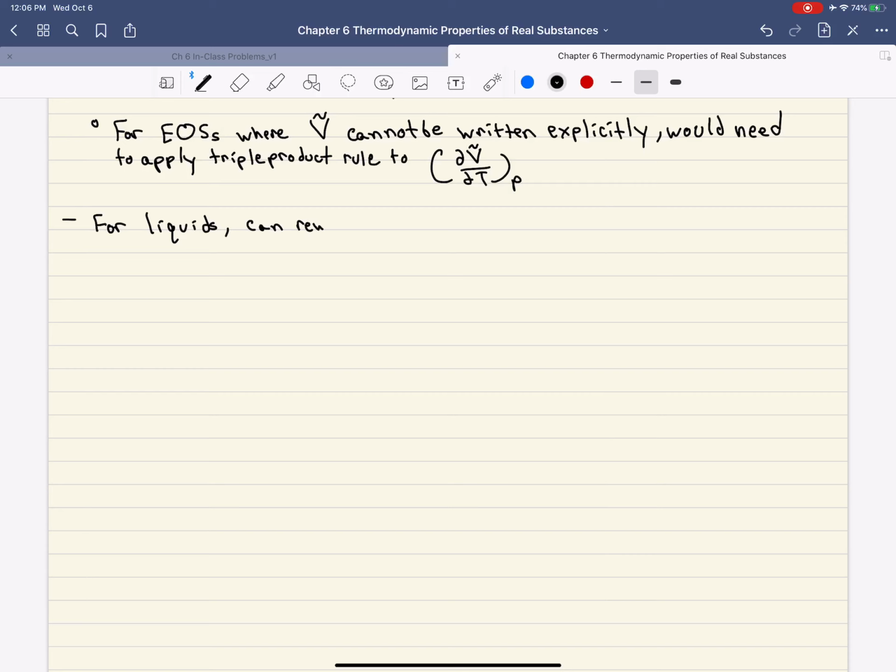And when you're dealing with a liquid, a lot of times this partial derivative, dV/dT at constant P, is written in terms of what we call the isothermal compressibility. So another named derivative that we've talked about before.